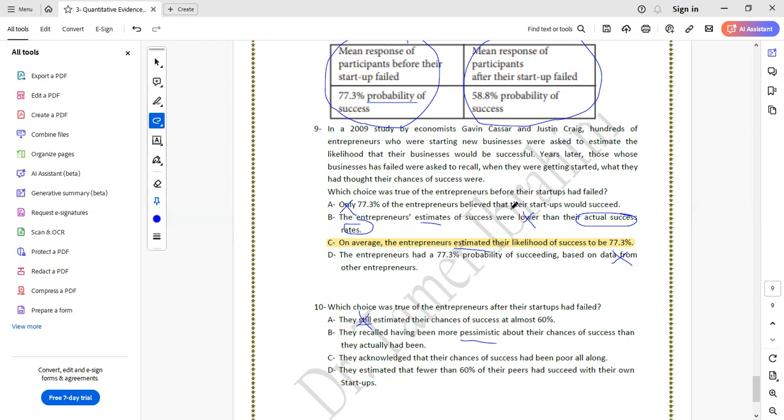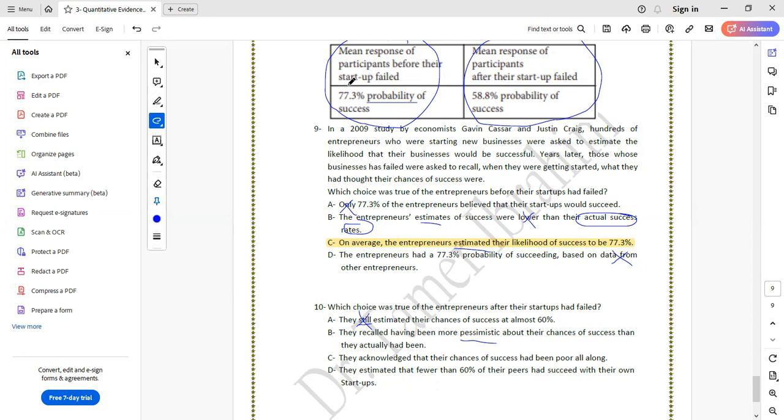Okay, I suspect this, and they start to be pessimistic because in the beginning they were 77.3. Then they start to lower it to 58.8. So they are more pessimistic, looking at the dark side. But I'm not sure. Let's go to C and find. If we eliminate C and D, the answer is going to be B. They acknowledge that their chance of success had been poor all along?